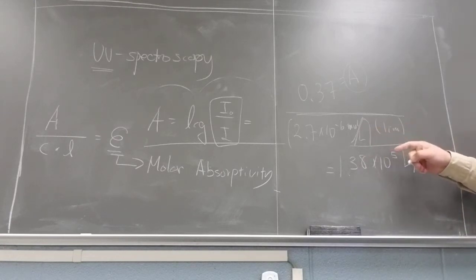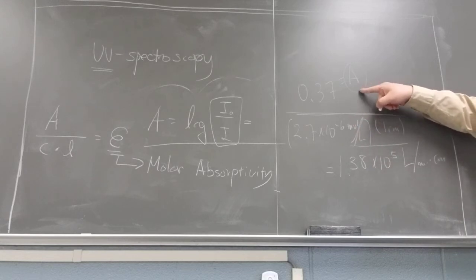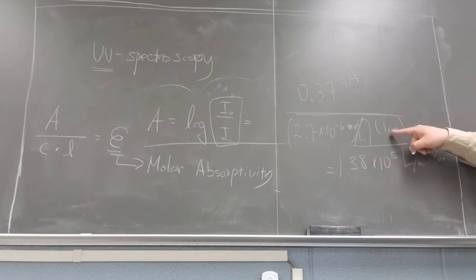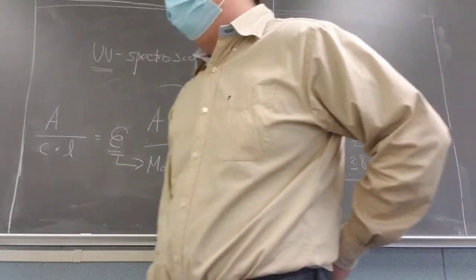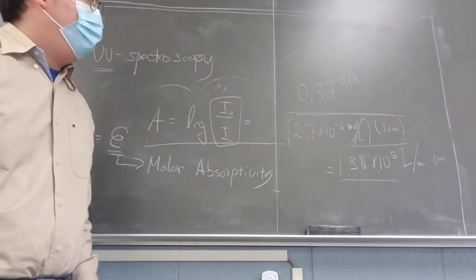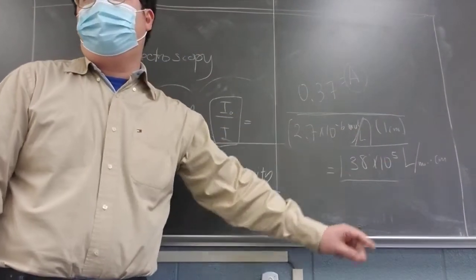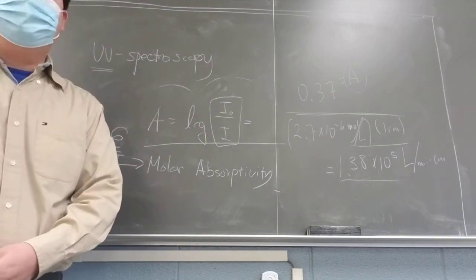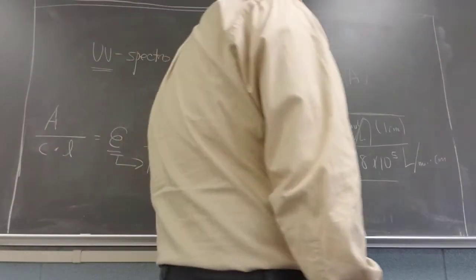It makes sense, because moles per liter becomes liter over moles, per centimeter as well. So this is your value. The only thing you have to do is plug in all the numbers and you can get the molar absorptivity with those units. Makes sense, right?